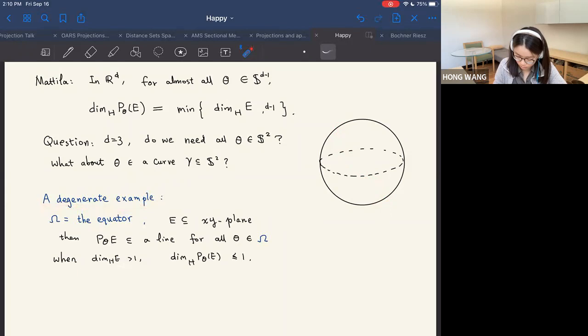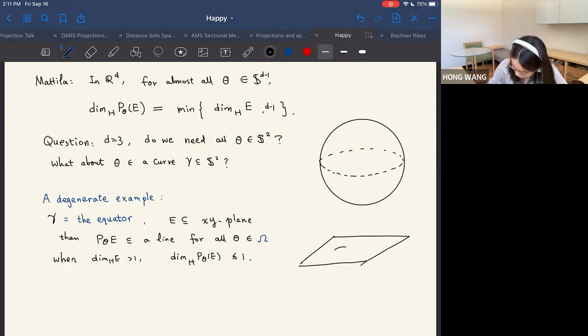Let's suppose that this gamma is the equator. So it's this great circle, and E is a subset of the XY plane. So E is here. Imagine everything is in R3.